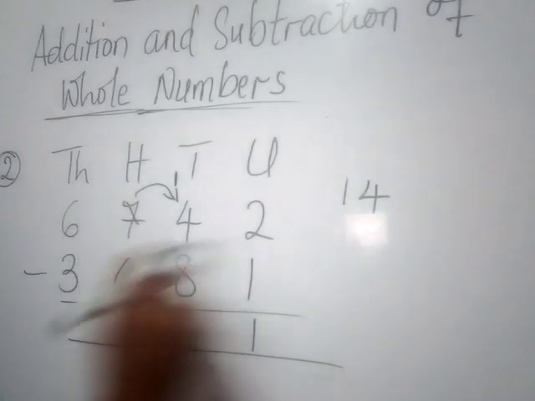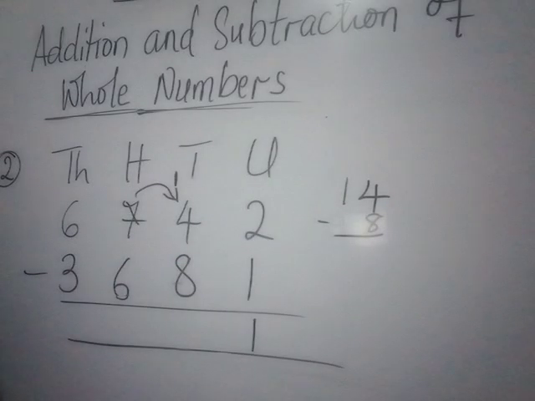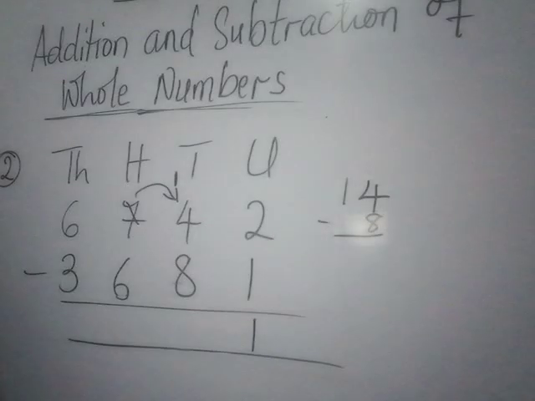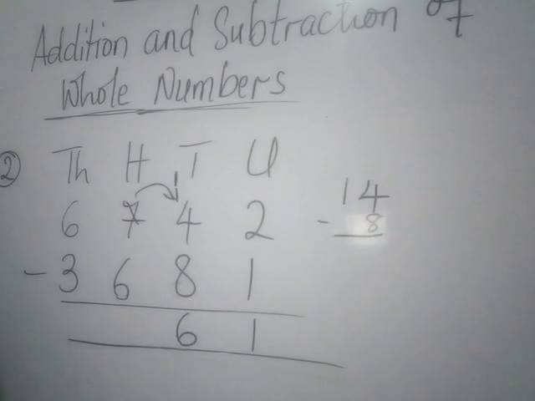So 14 take away 8. You can just have 8 in your head and count up to 14, or you count back from 14 to 8. Whichever way you choose to do it, you get the same answer. So let's have 8 in our head and count up to 14. 9, 10, 11, 12, 13, 14. So we have 6 there.